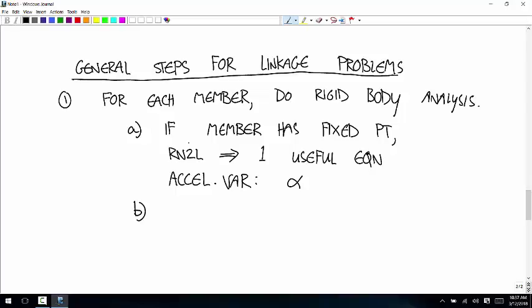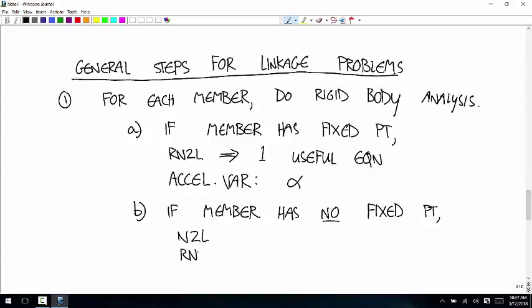If the member has no fixed point, Newton's second law and rotational Newton's second law give three useful equations.